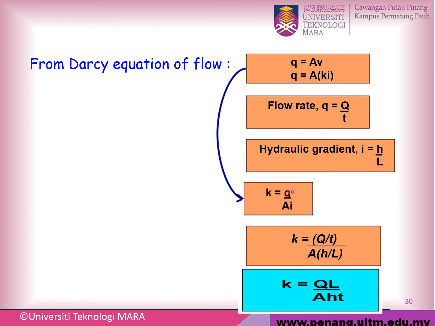As you know, the flow rate q is equal to Q over T, and the hydraulic gradient i is H over L. So you put the Q over T here, and i is H over L, and you will get the final equation: K is equal to QL over AHT. So this is how we get the equation from the Darcy equation for constant head.